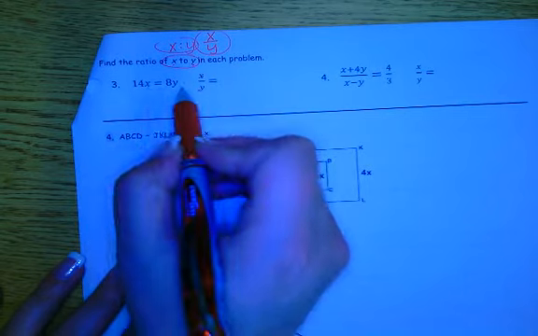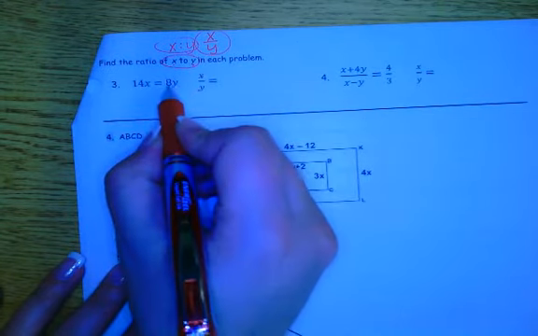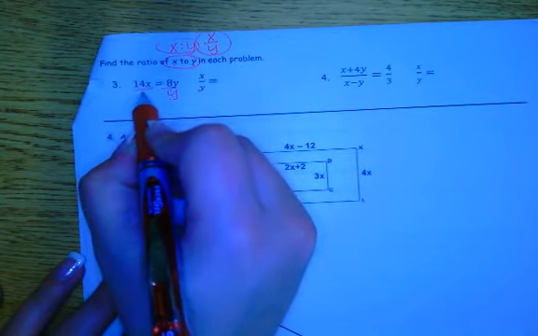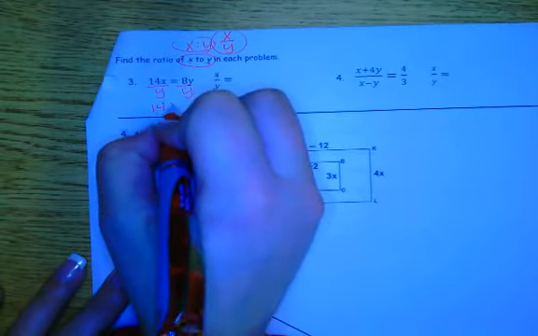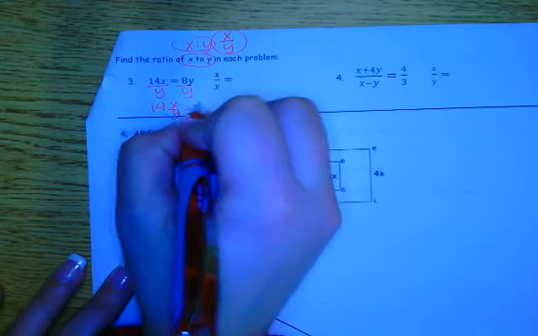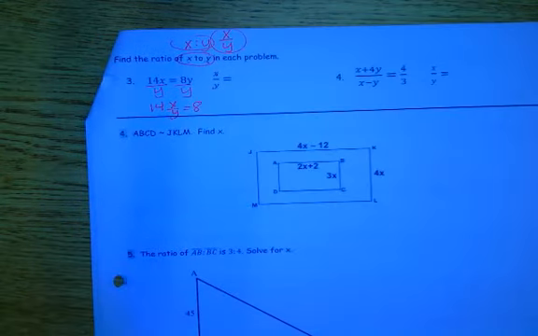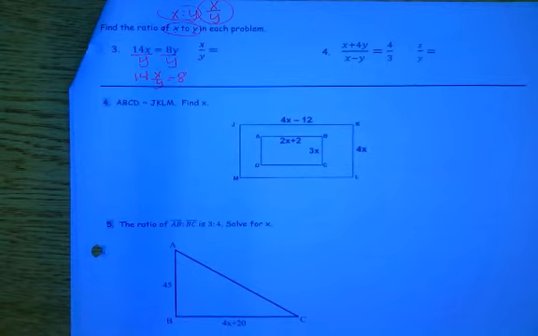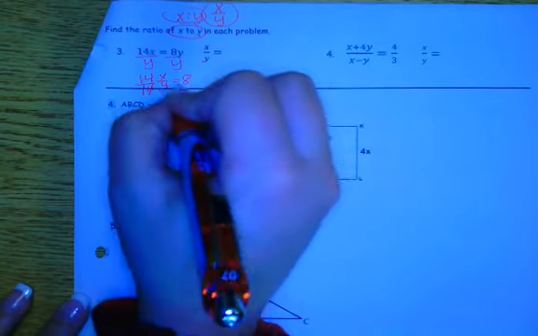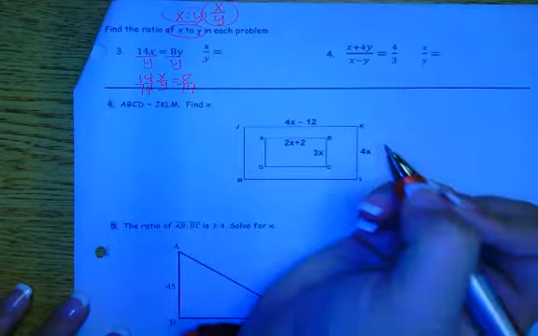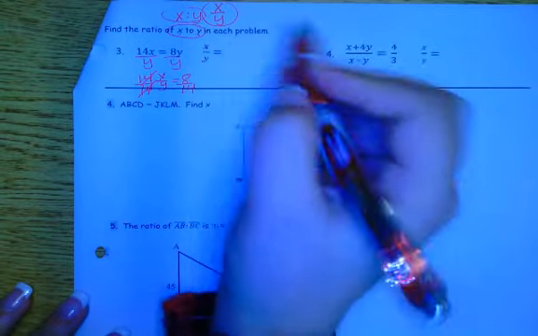So now I have 14, x over y equals 8. So now how am I going to get x over y by itself? Divide by 14. So x over y really equals what? 8 over 14, which simplifies to 4 over 7.